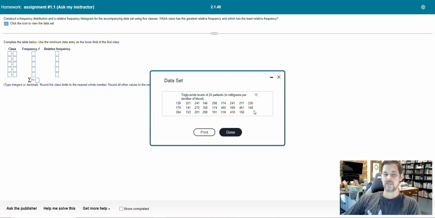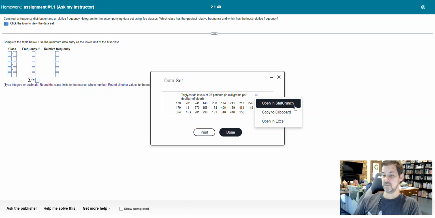So I noticed I could do one more thing with this data set. If I click this icon, it says open in StatCrunch. StatCrunch will be a real important tool for us to make a lot of what we do much easier throughout the semester. So I'm going to definitely take this data set and open it in StatCrunch.